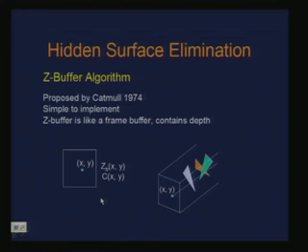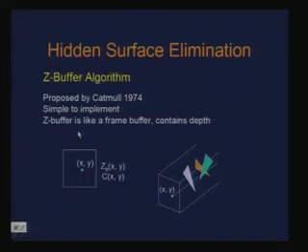Just as the frame buffer contains the color information, you have a Z buffer containing the depth information for each point on the polygon, for each point on the displayable screen, for the window which you have specified, and for each of the polygons, right.